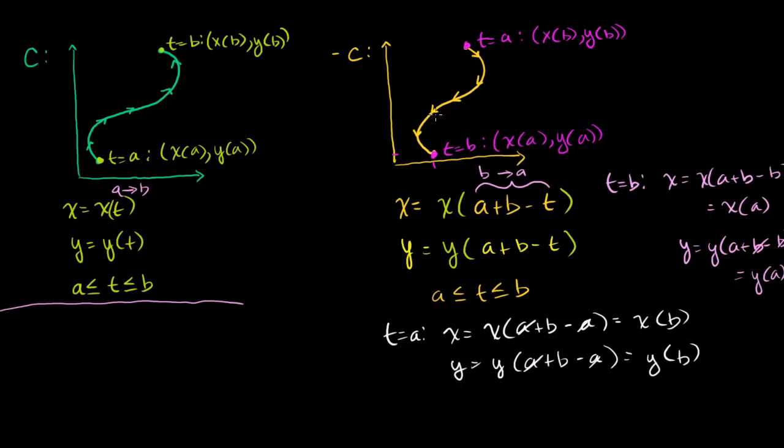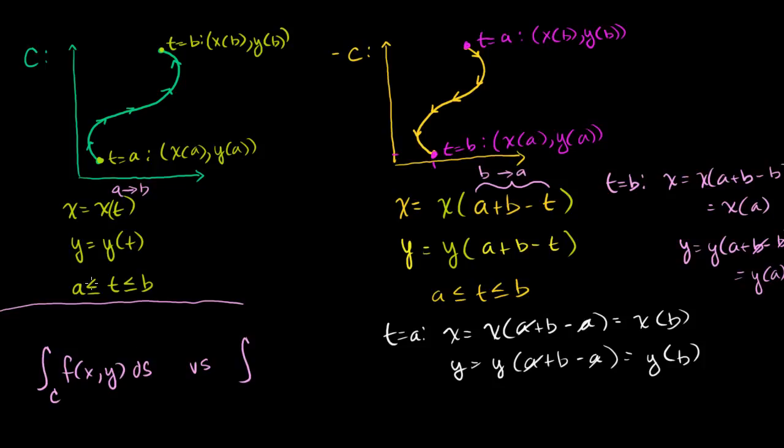Now, with that out of the way, if you accept what I've told you, that these are really the same curve going in an opposite direction, or the same path going in the opposite direction, in the next video, I'm going to see what happens when we evaluate this line integral, f of x ds, versus this line integral.